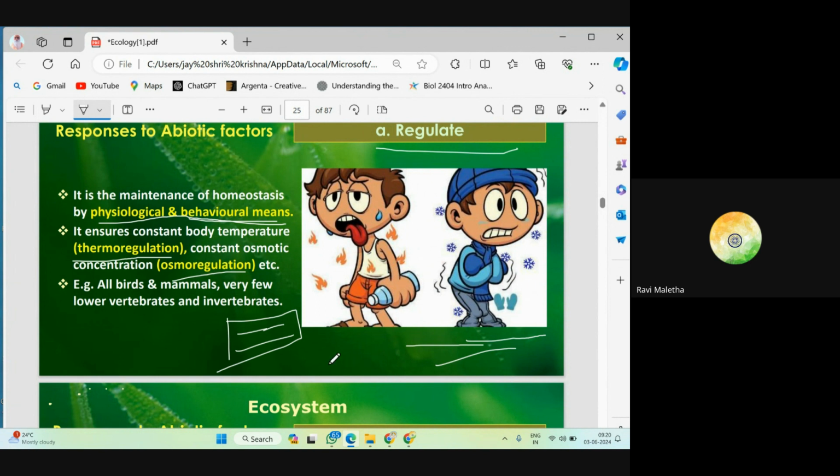In simple words, maintaining the fluid and the electrolyte or salt concentration in our body is known as osmoregulation. All birds, mammals, and very few lower vertebrates or invertebrates, this you don't need to remember, just all birds and mammals are regulators. Regulators means whatever the outer situation is, they will try to keep their internal environment constant.